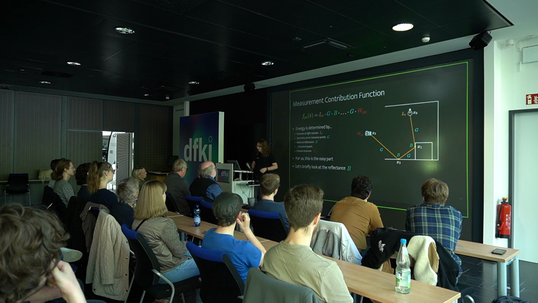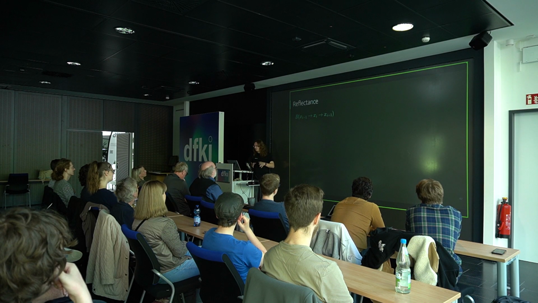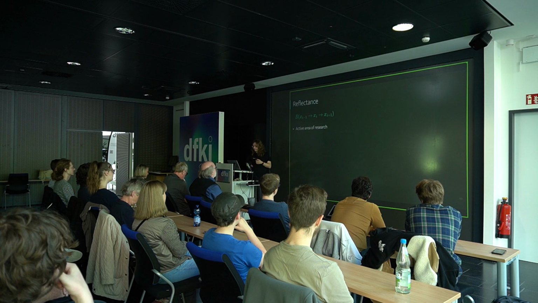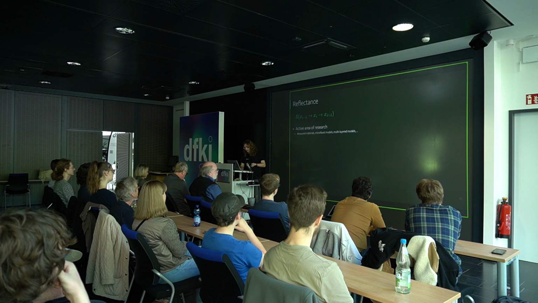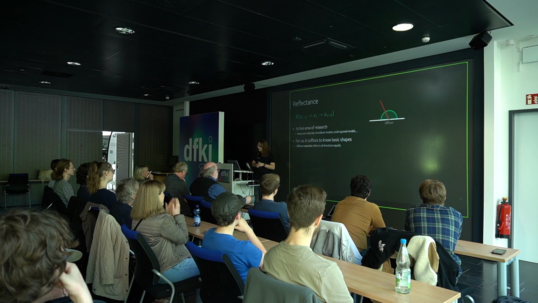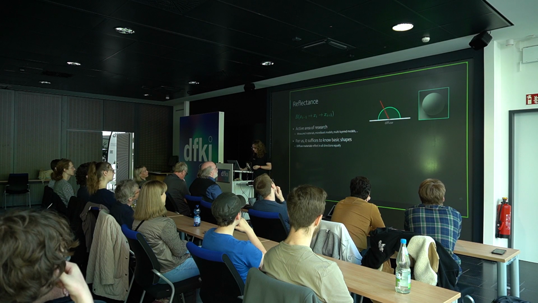But let us still talk a bit more about the BSDF, however. This function is particularly interesting because it determines how objects look. Needless to say, there's a lot of exciting research on this function. But for our goals today, it's sufficient to know the basic shapes. For example, a smooth distribution will reflect light in all directions equally, resulting in a diffuse look.